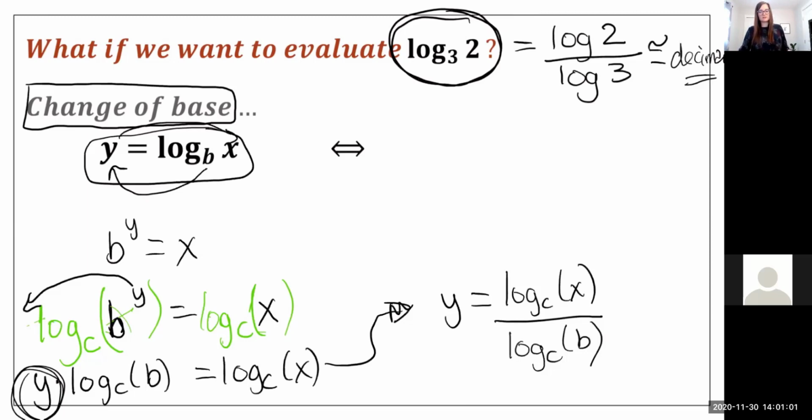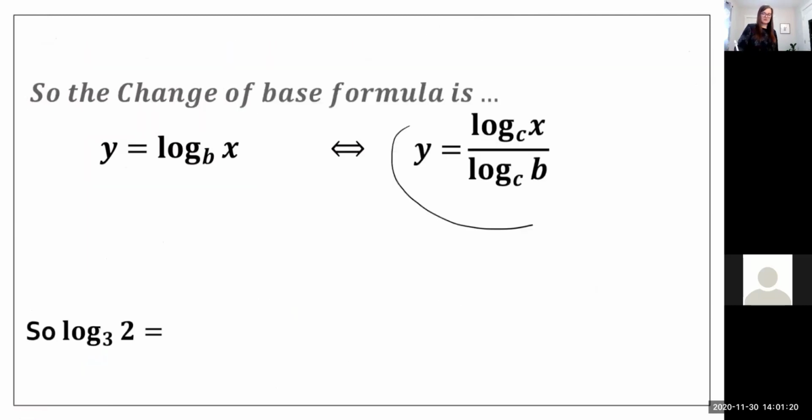Essentially, if I wanted c to be 10, because that allows me to evaluate it through a calculator, then I'm taking log of the top over log of the bottom, right? Log of x over log of the base. So that's the change of base formula right there.